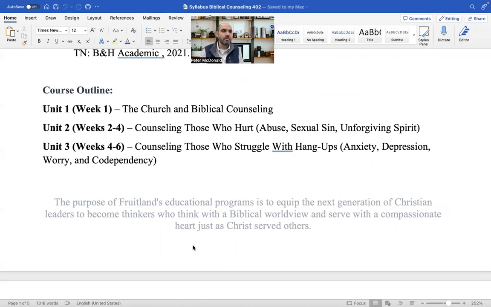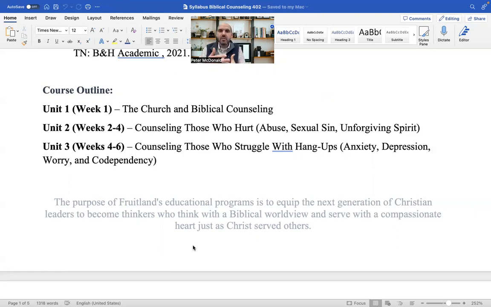I've helped to lead Celebrate Recovery in a former ministry. I'm also certified to help teach in Celebrate Recovery. Celebrate Recovery is a Christian version of AA, but it uses the 12-step program to get us to the Bible.